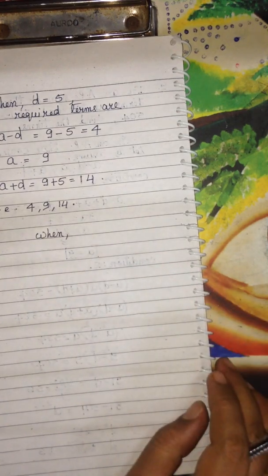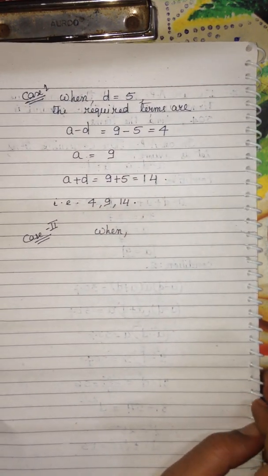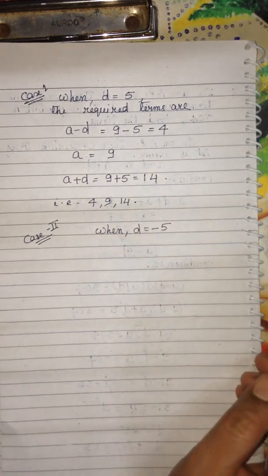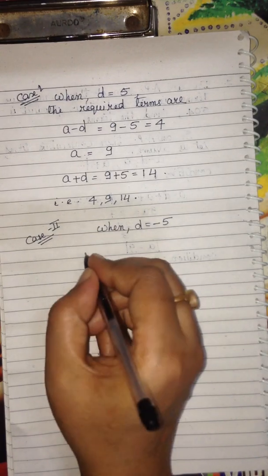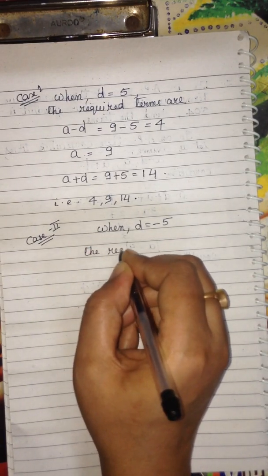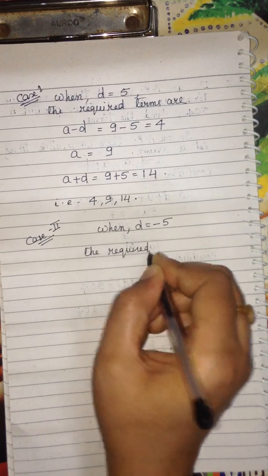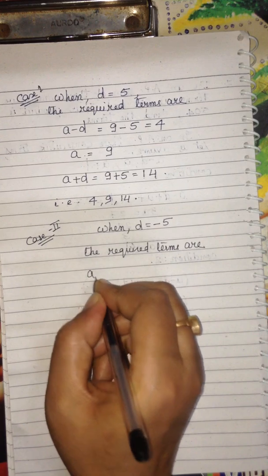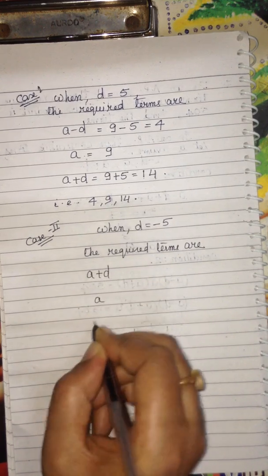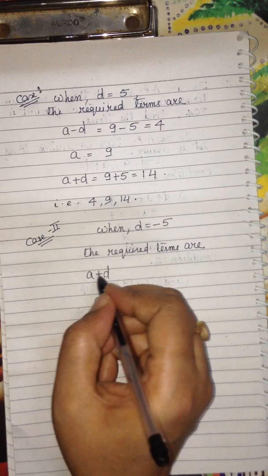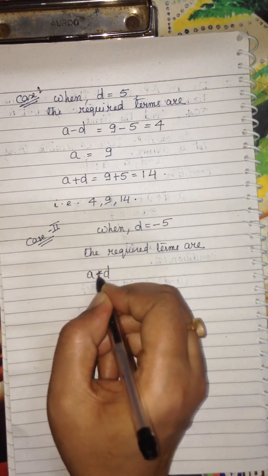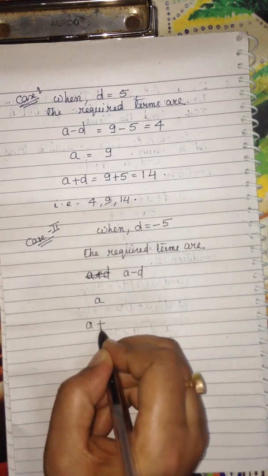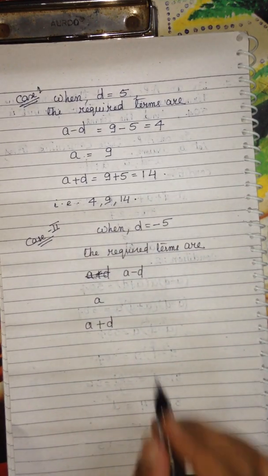When d is equal to negative 5, what do you get? The required terms are a minus d, a, and a plus d.